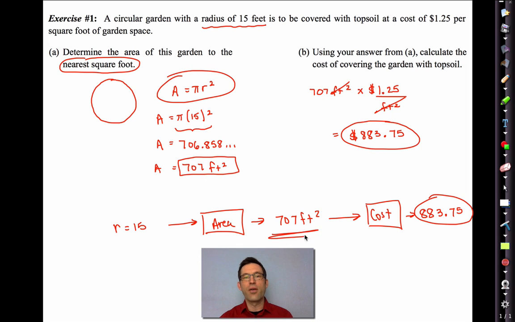I didn't really care that much about the 707 square feet. What I ultimately wanted to know was how much it was going to cost me to do this. And that's the idea of composition, an input going into a function, giving us an output, etc. So let's take a look at what that looks like in a diagram. I'm going to have you pause the video now, write down anything you need to, and then we'll move on.